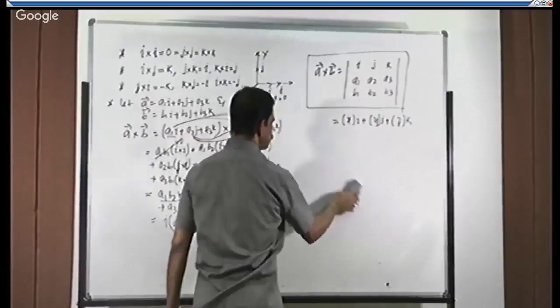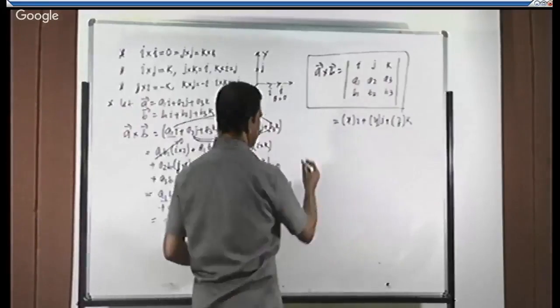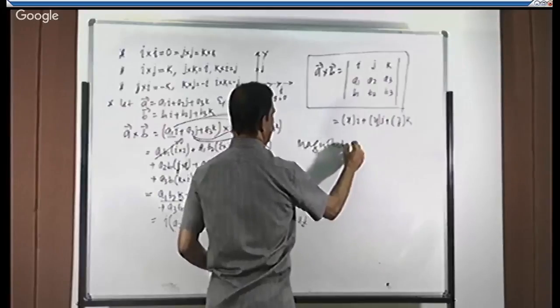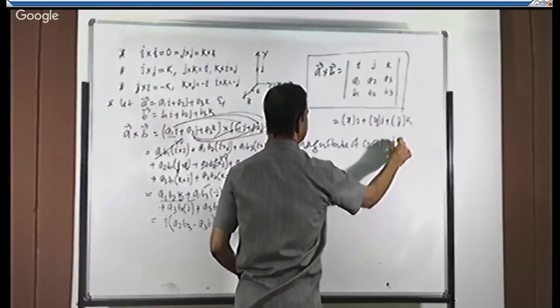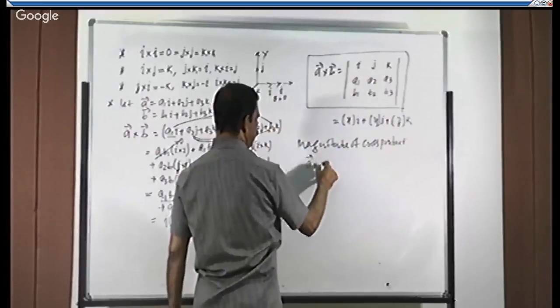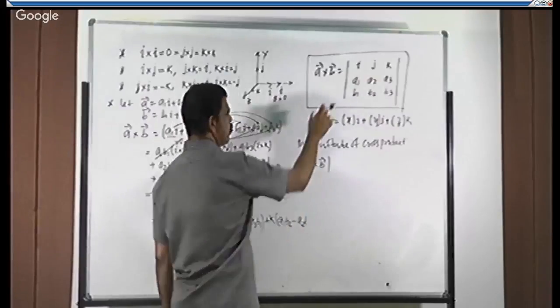So we can also get the magnitude of the cross product. That is from the above derivation.